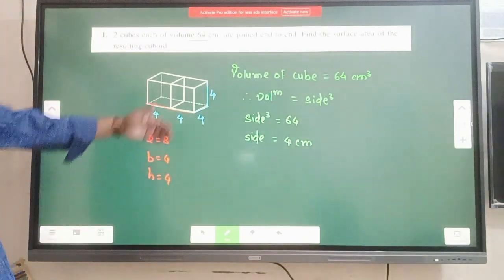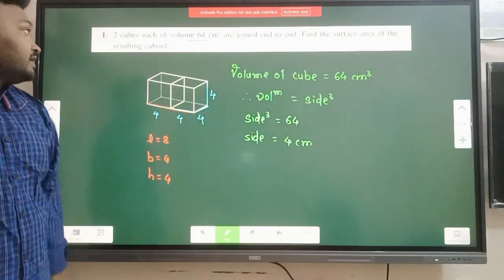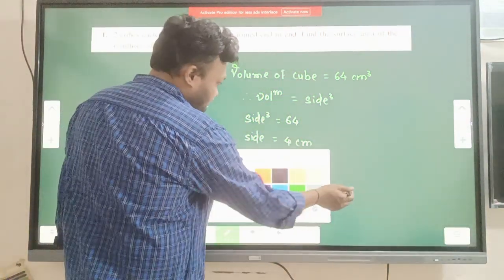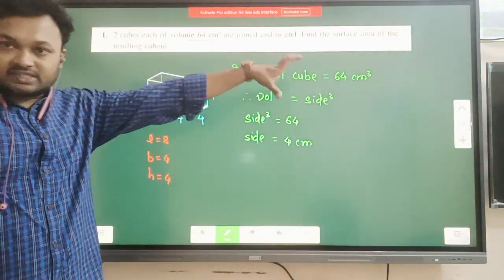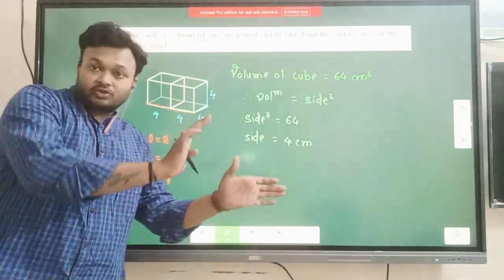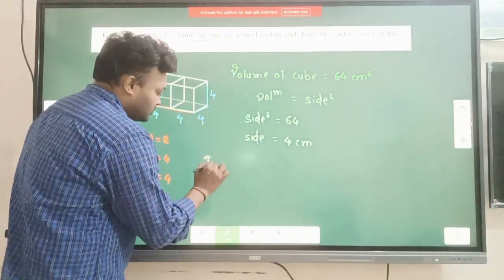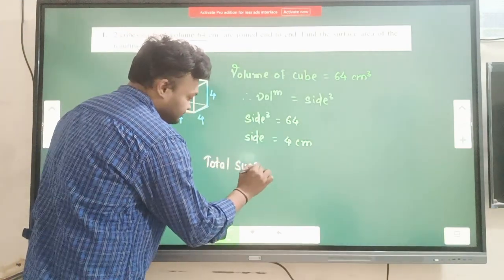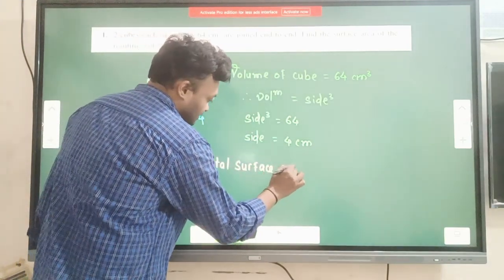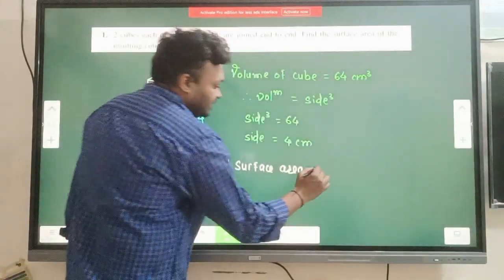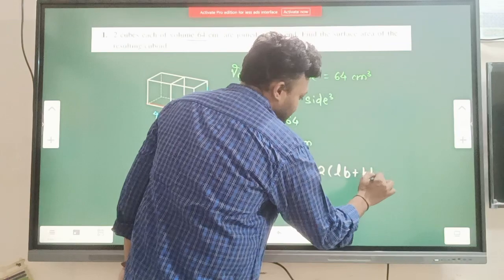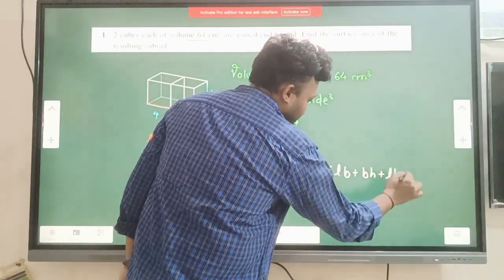So what is the question? Find the surface area of the resulting cuboid. Now remember always, if they are asking you surface area, always go for total surface area. So the total surface area will be 2 (LB plus BH plus LH).